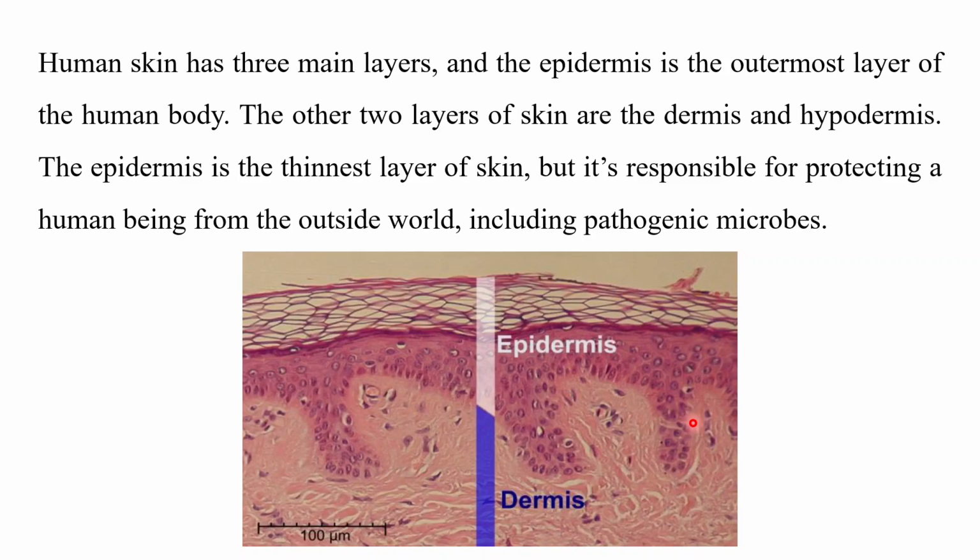Since the epidermis is broken, there is a chance of other pathogenic microbes entering your body through that broken skin, and it can cause infection. So to prevent such infections, we generally use antiseptics on wounds. So skin is the most important protective barrier for your body.